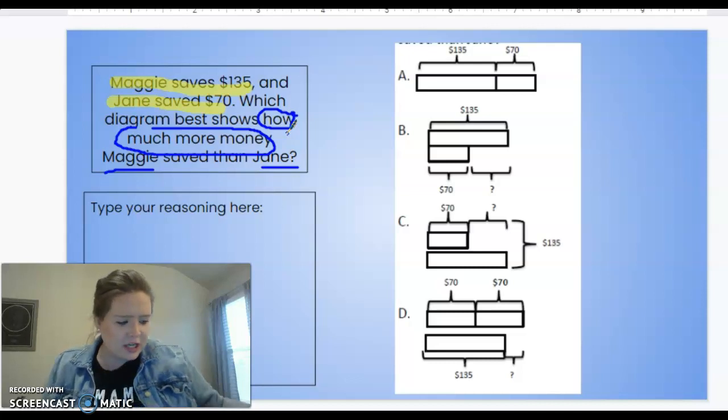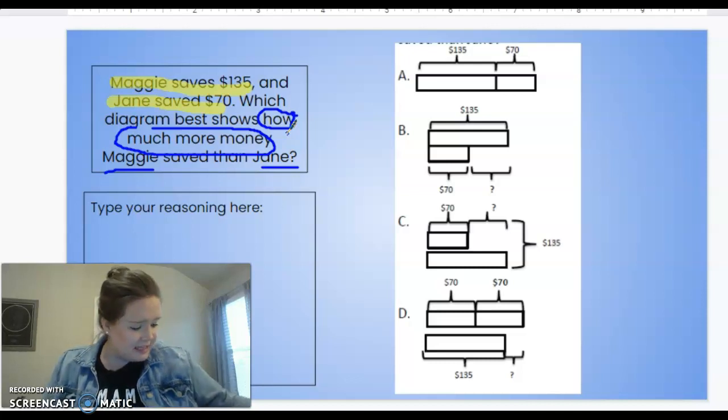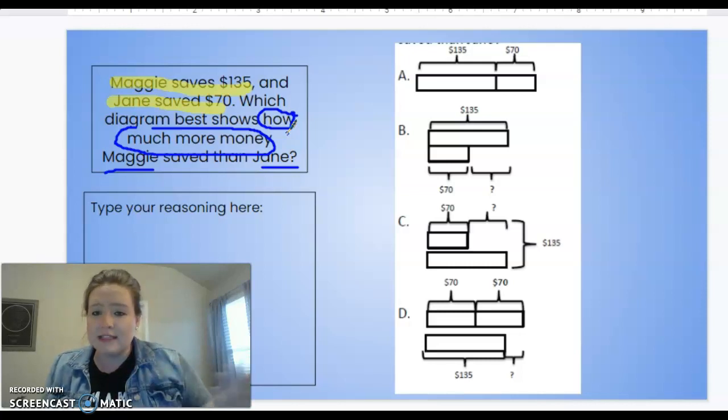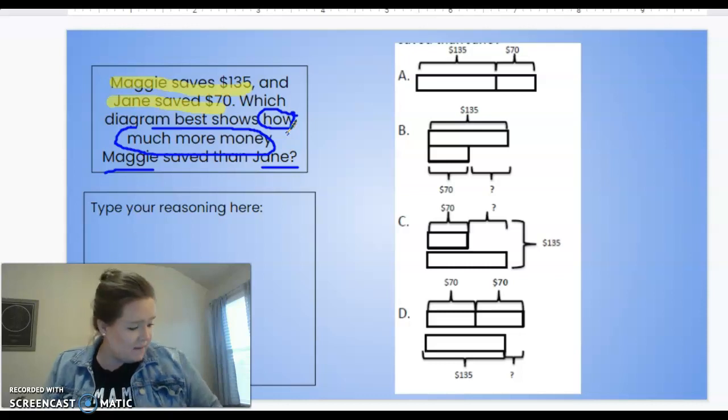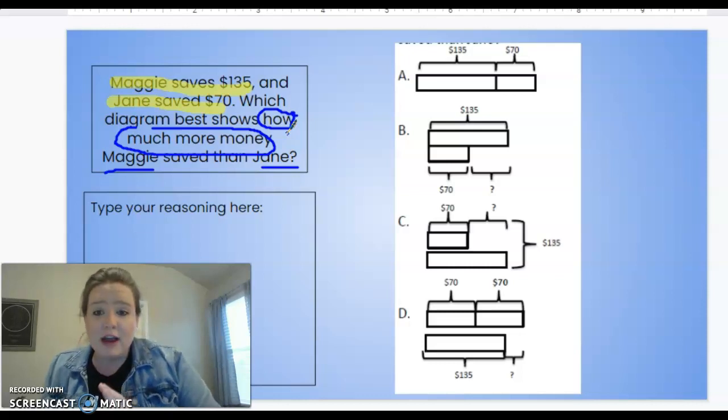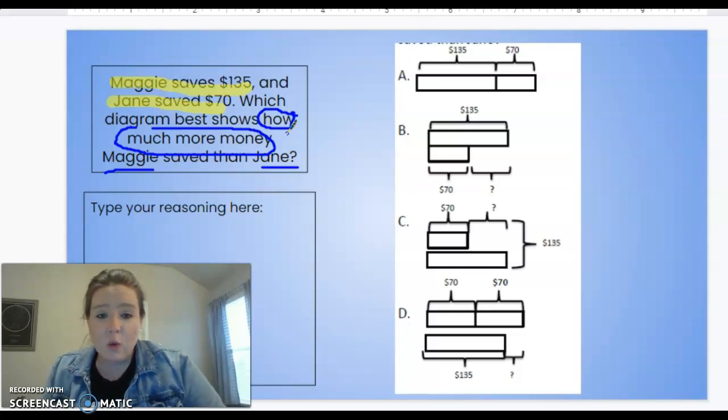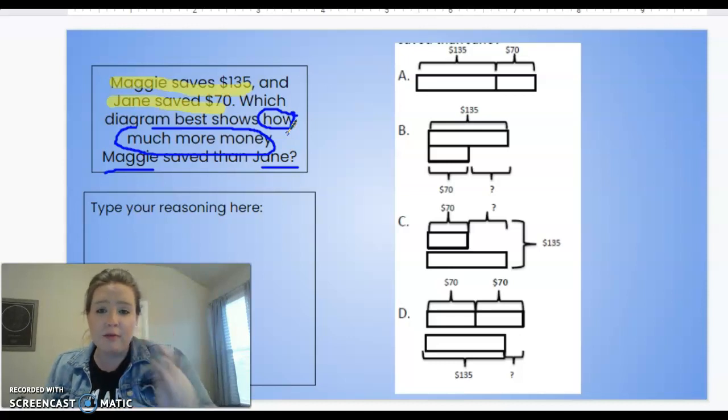It said, he practiced a certain number of minutes longer on Saturday than Friday. What operation was that problem? Let's make the connection between this problem and that problem. Good. That problem was subtraction.